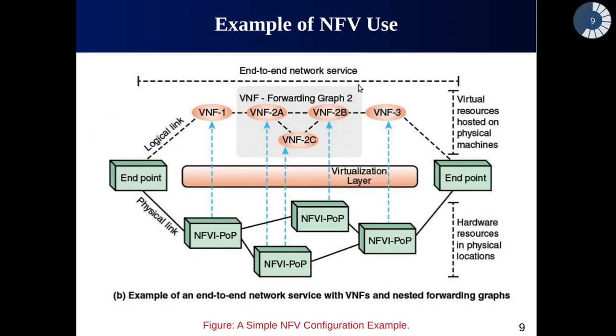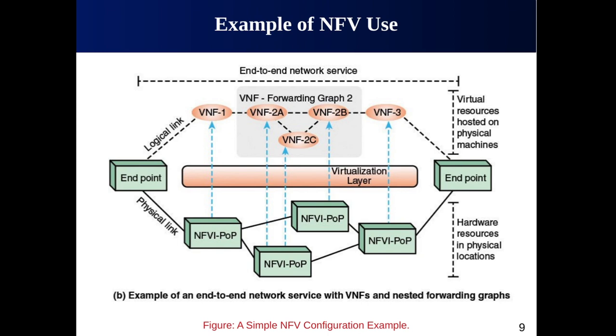So here we can see we have a forwarding graph, and there is a nested VNF forwarding graph, and that is VNF forwarding graph 2. And then we have A, B, and C. So there is a nested VNF forwarding graph, and this is constructed from other VNFs.